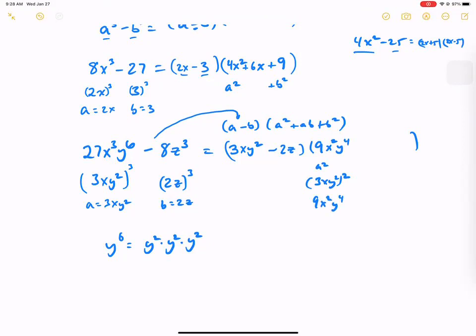Where did I get the 9? Because if you look here, you always square that original a value. You square that original a value.